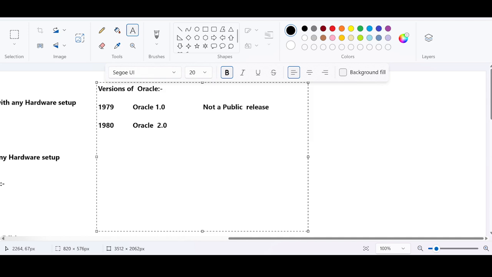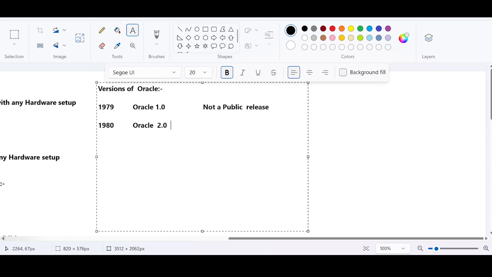Along with the database, they also said this is a database which is going to use the SQL language. There was a good demand for the SQL language at that time, and SQL is used on many platforms, so Oracle using SQL was an added advantage in those days.